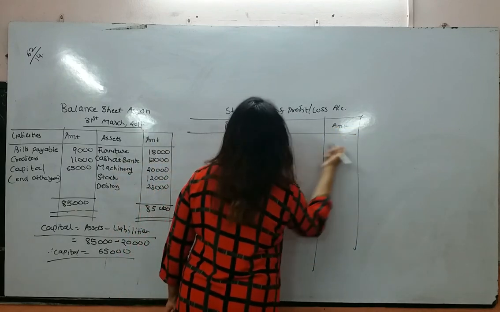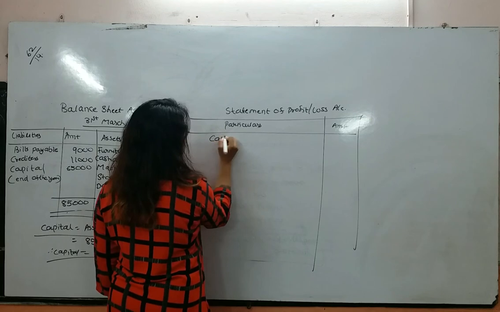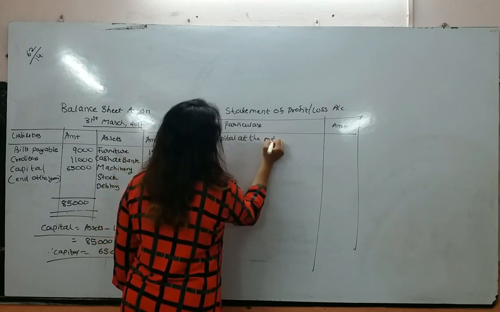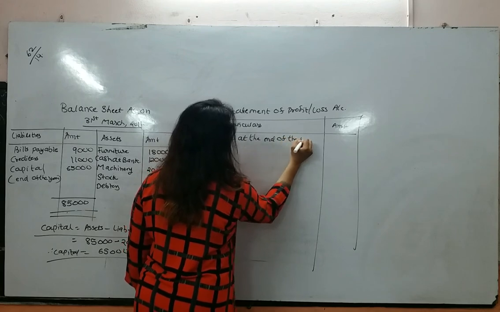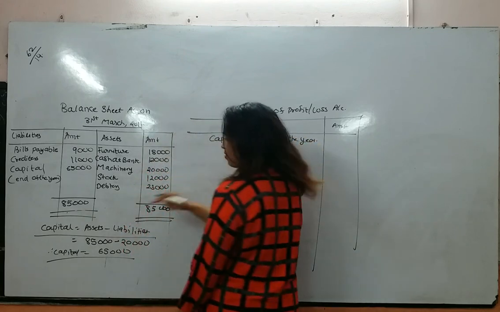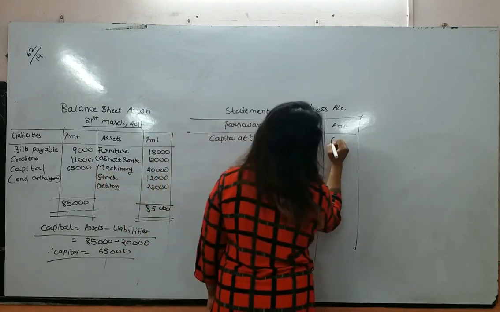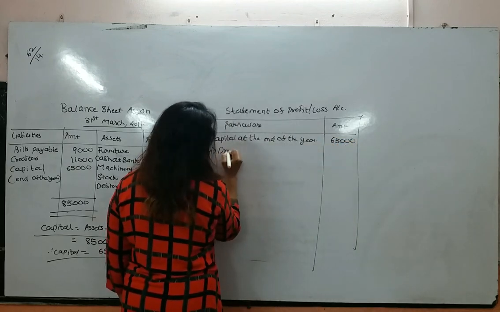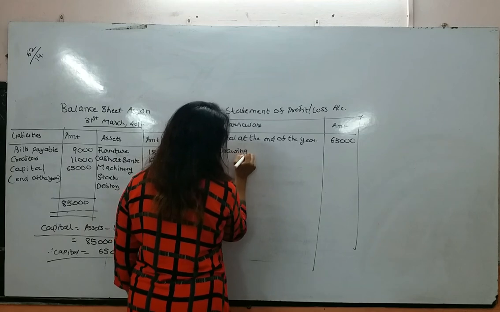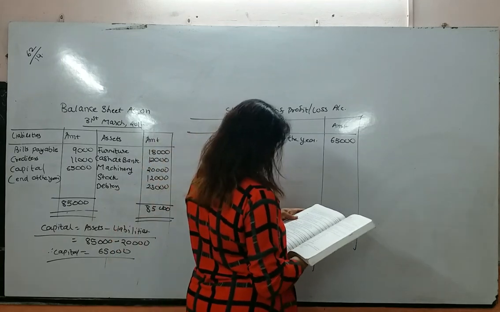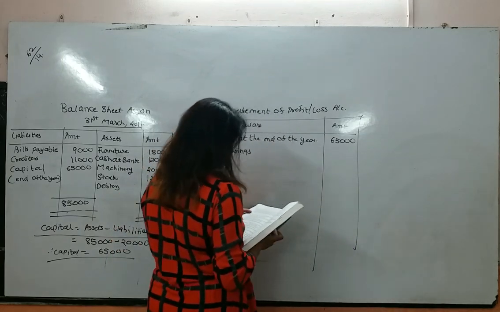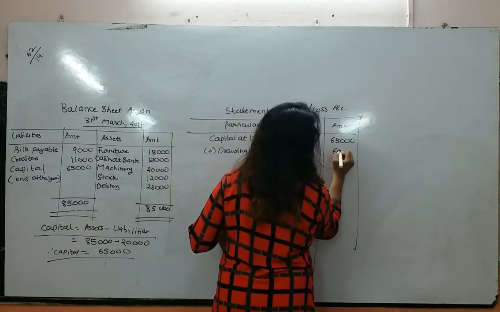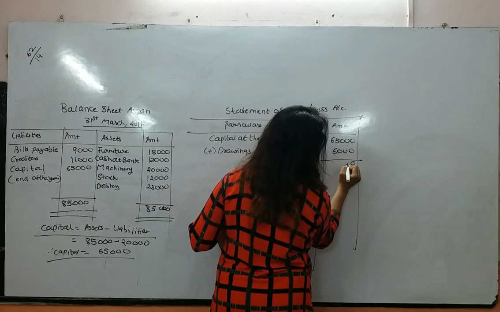First I will write capital at the end of the year. How much amount have we calculated here, students? 65,000. Add drawings. What is the drawings amount? Drawings amount is, I'm sorry students, 6,000 for personal use. Personal use is nothing but drawings.